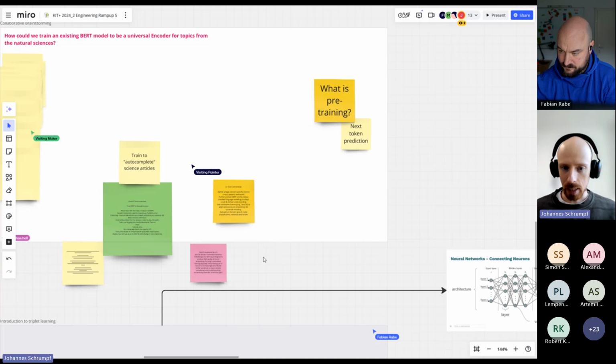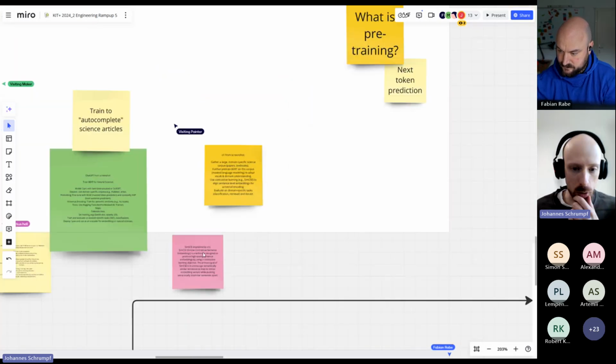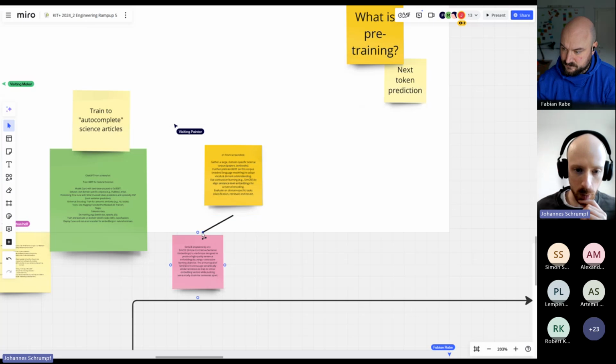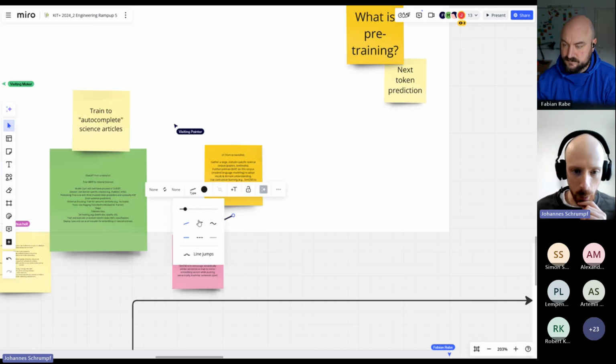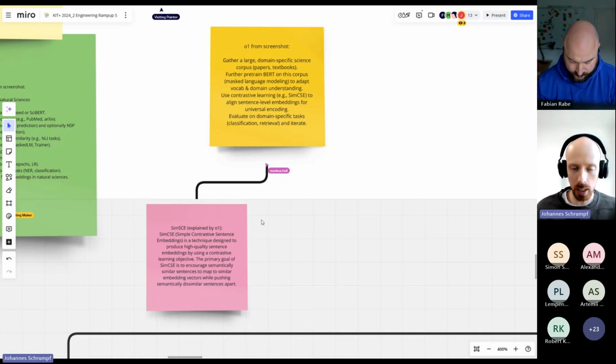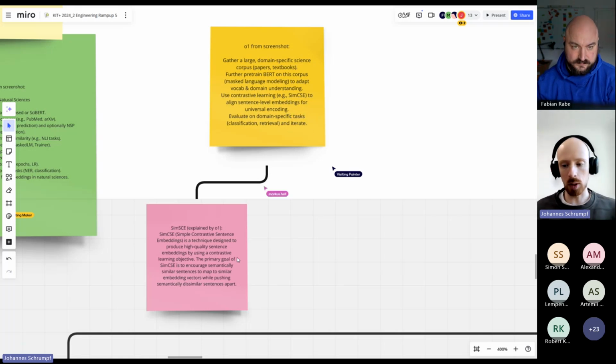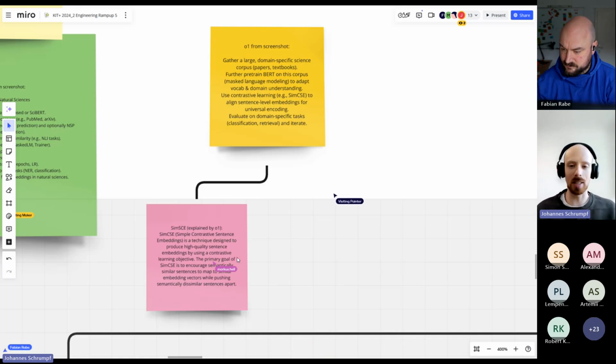And there is one answer, I think, and this was directly related to the answer of o1, where it suggested to do this simple contrastive sentence embeddings technique. And this is then the task that we want to train our model on in earnest, outside of pre-training. This is actually what we want to do.